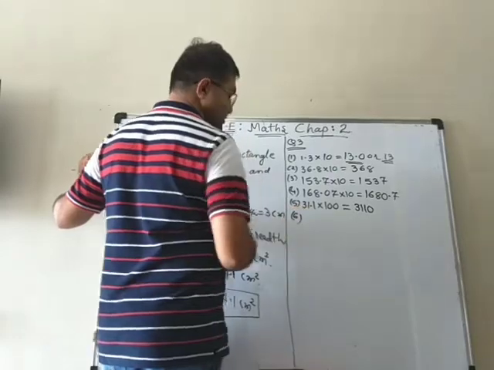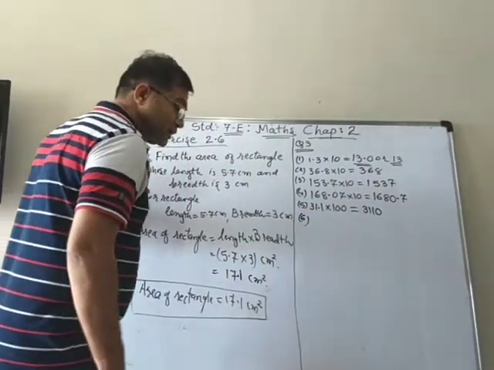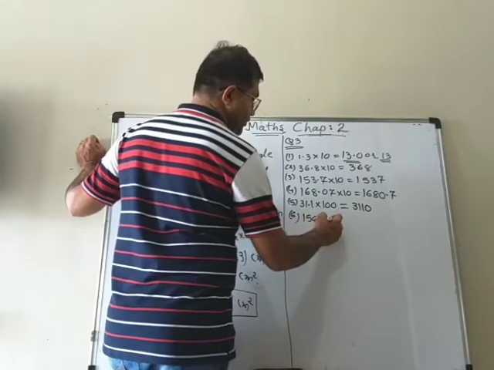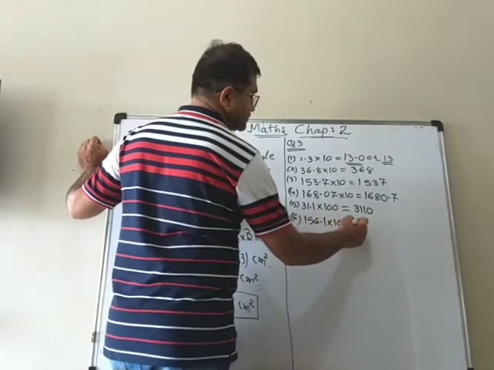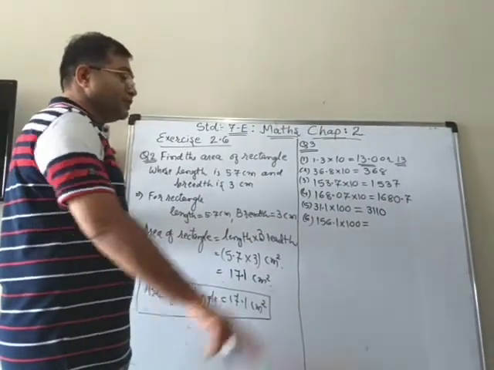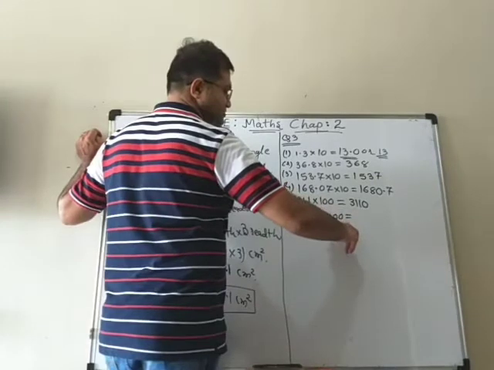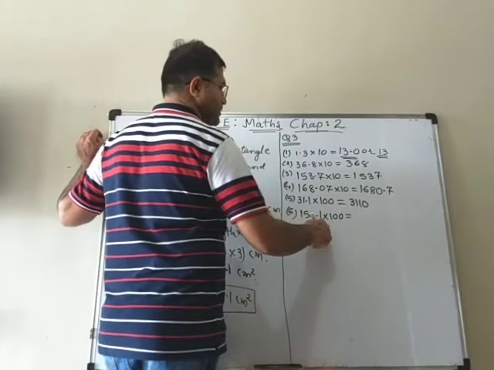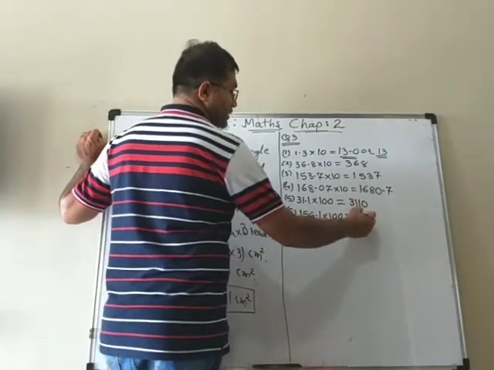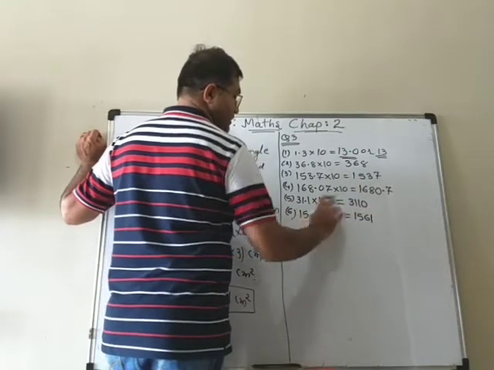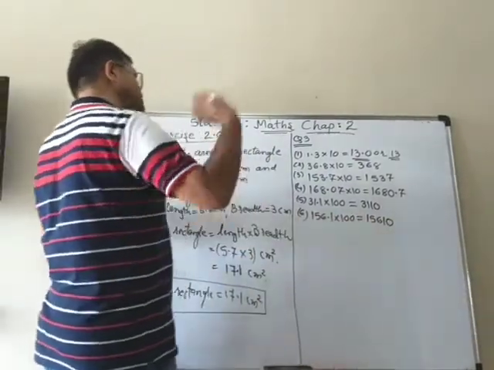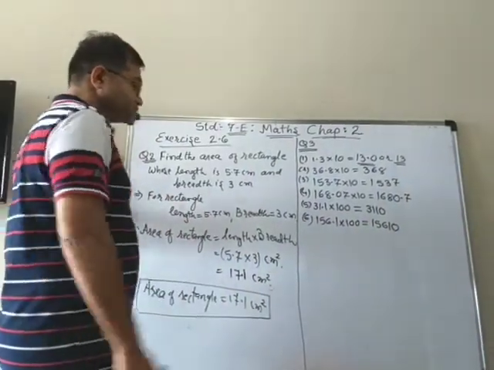Sixth one. Here also 156.1 multiply by 100. Here is also the same situation that we have to move two places, but we have only one place after decimal point. So here also 1561 and then we have to put one more zero so that the decimal place can be at the last.